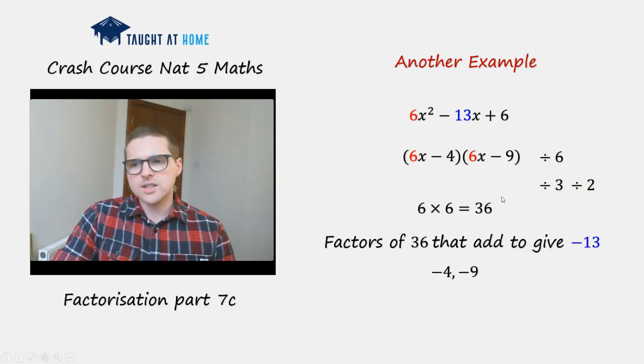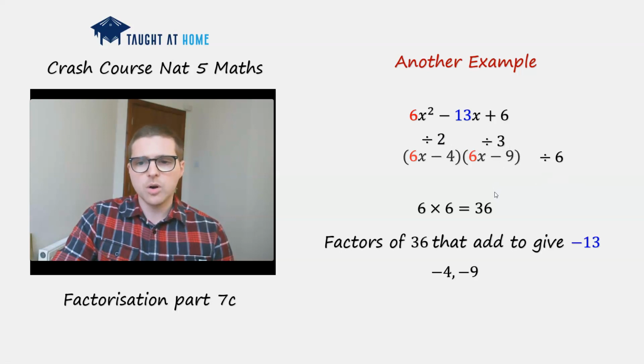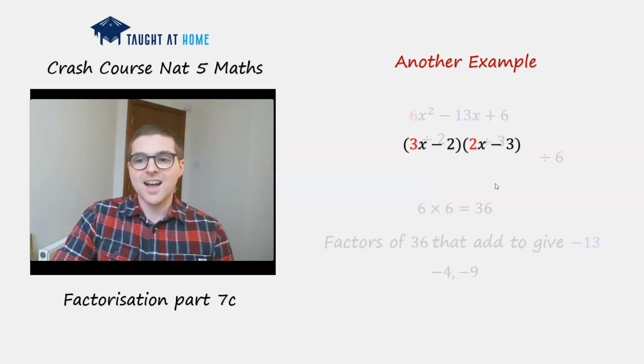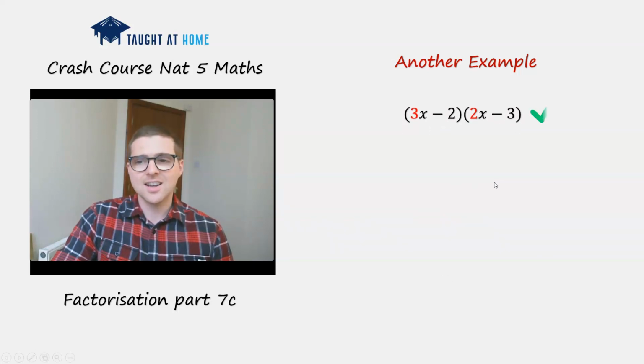So we notice we can divide the first bracket by 2 nicely and the second bracket by 3 nicely. So we're going to divide those accordingly, and what we're left with is 3x minus 2 and 2x minus 3. And that is how it's done.